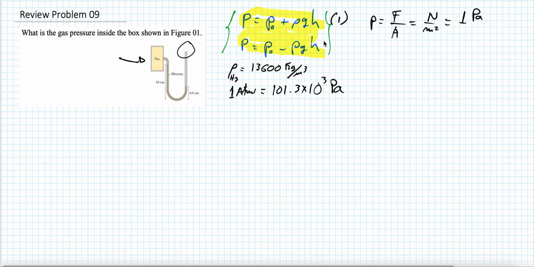For example, if we are at the surface of a river and want to measure the pressure 10 meters down inside the river, we can use this one.